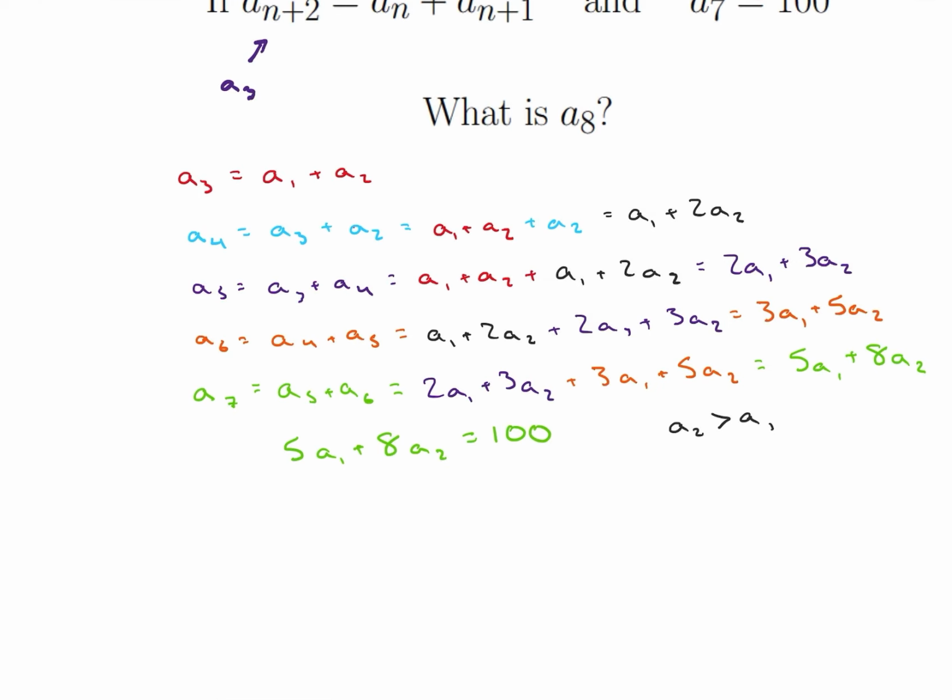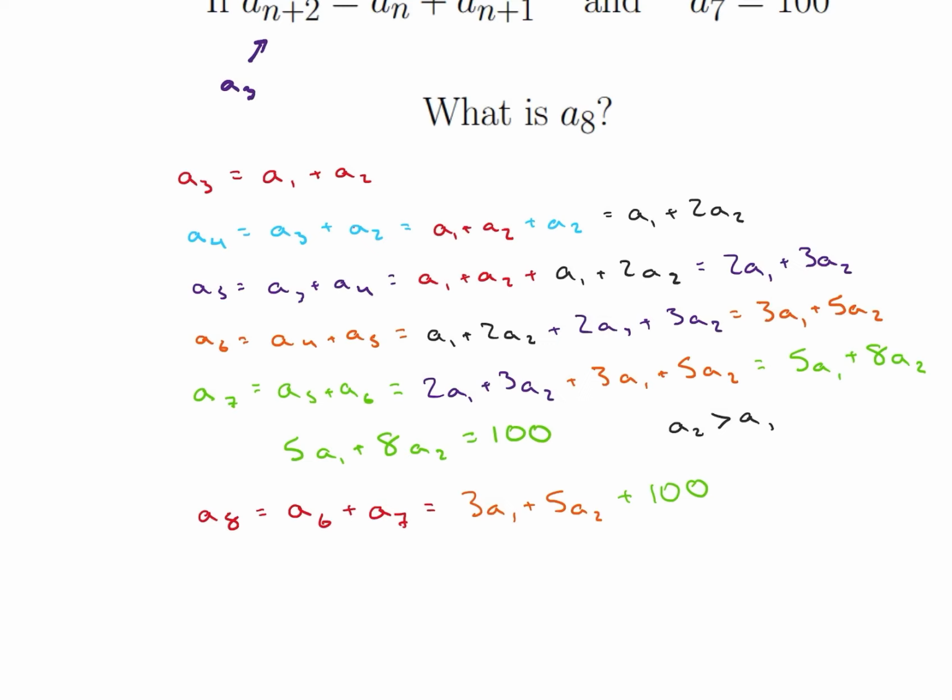let's move one up. I can see that a sub 8 is equal to a sub 6 plus a sub 7. And a sub 6, I already know, is going to be 3a1 plus 5a2. And that's going to be plus 100, because 100 is equal to a sub 7.